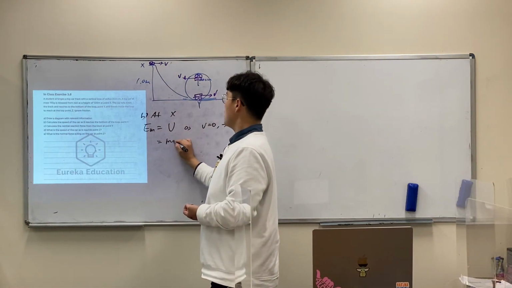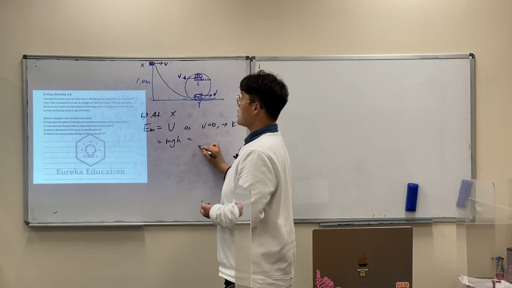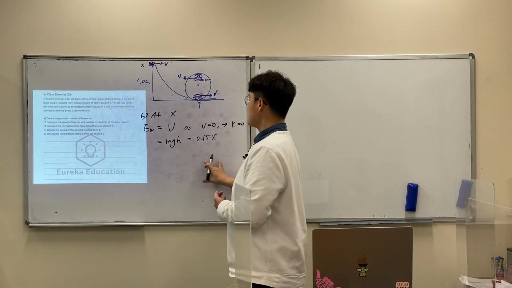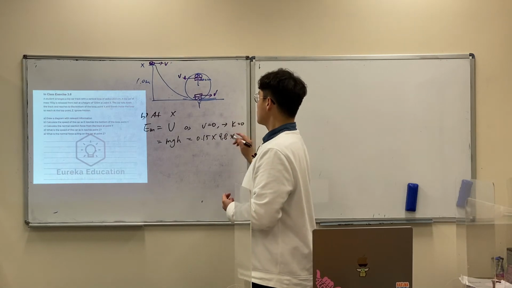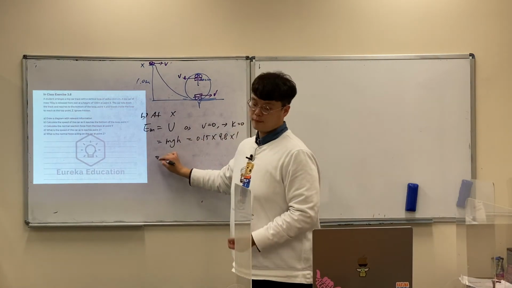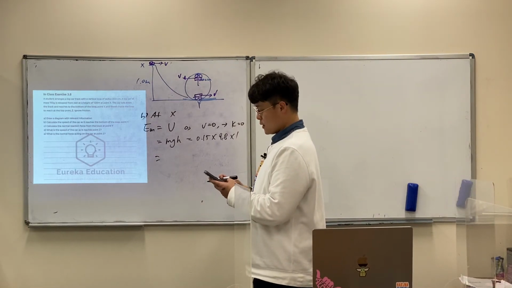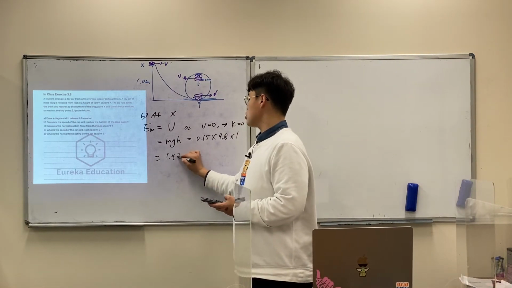Potential energy mgh equals the mass of the car, 150 grams or 0.15, times 9.8, times the height, which is 1. Calculating that, 0.15 times 9.8 gives 1.47 joules.